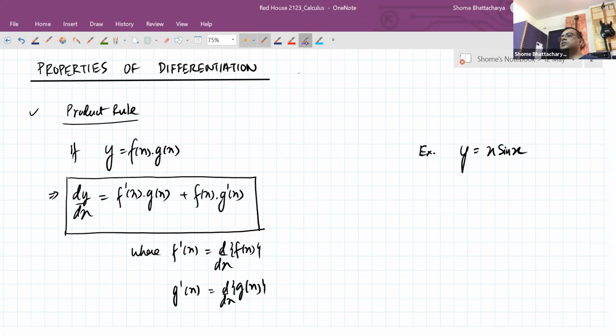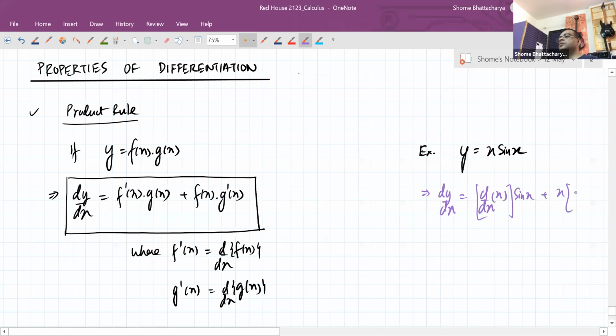So when we apply it over here, for example, on this question, it will mean differentiation of the first function multiplied with the second function plus the first function multiplied with differentiation of the second function. Okay. And next step we can work this out. So this is 1 into sine x plus x into cos x. So it becomes sine x plus x cos x.